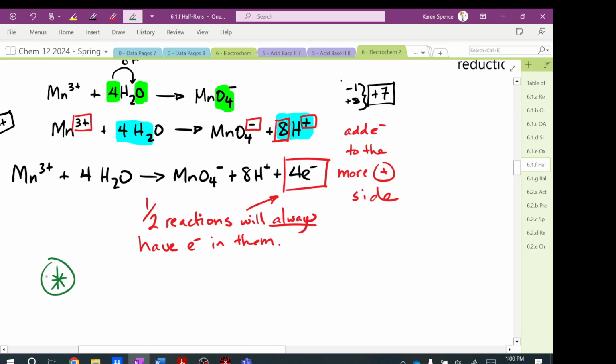Full redox reactions never have electrons in them.